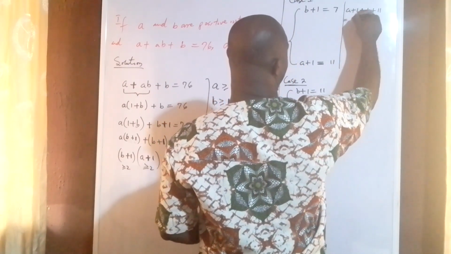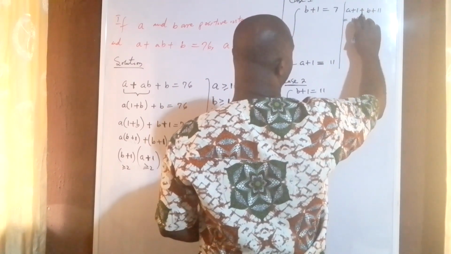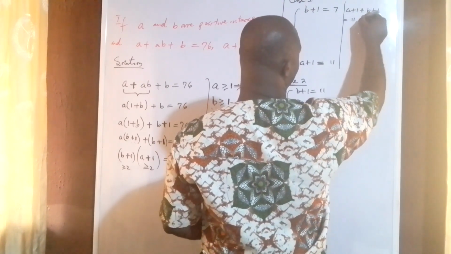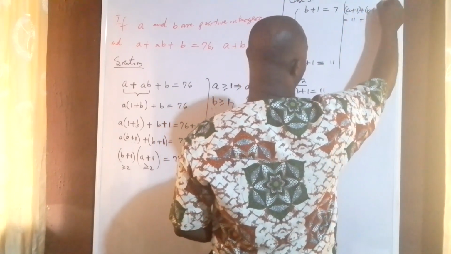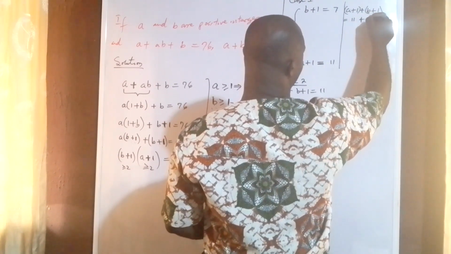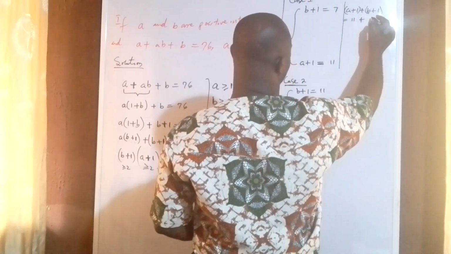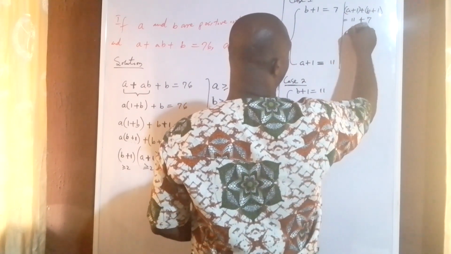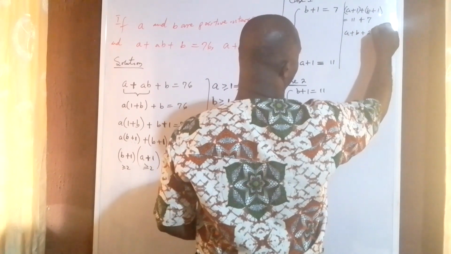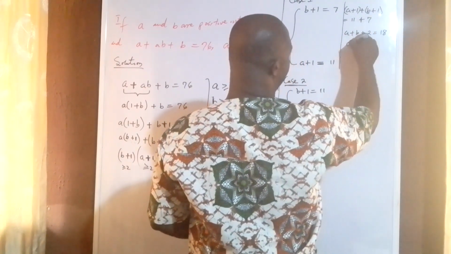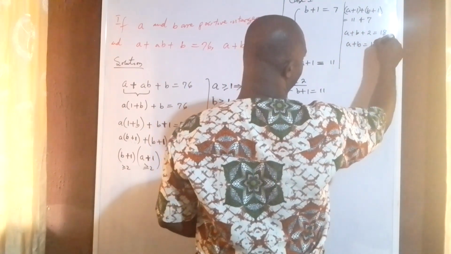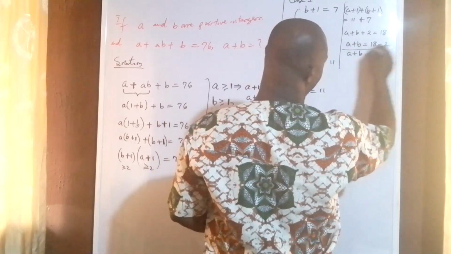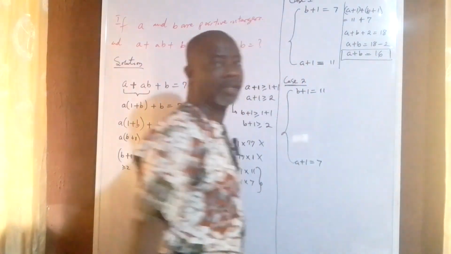A plus 1 is 11, and b plus 1 is 7. Don't forget that this will give us a plus b plus 2 equal to 18. So a plus b will give us 18 minus 2, so a plus b equal to 16. That is for case 1.